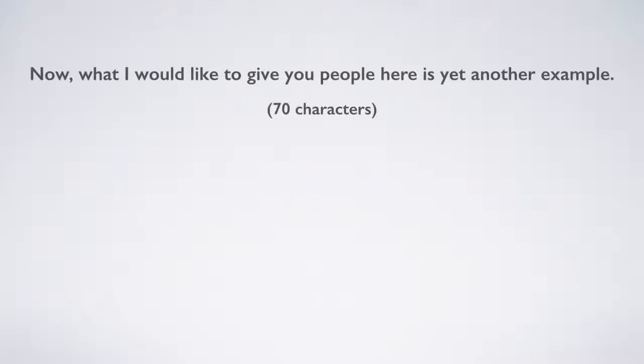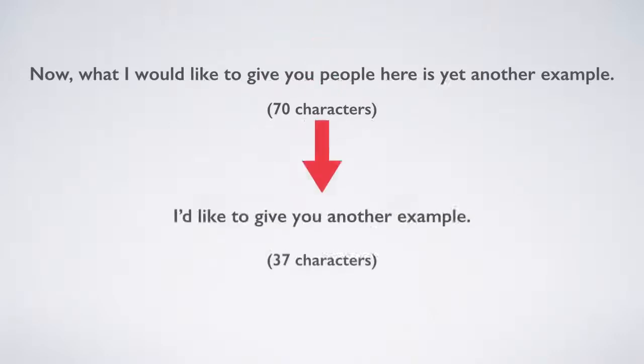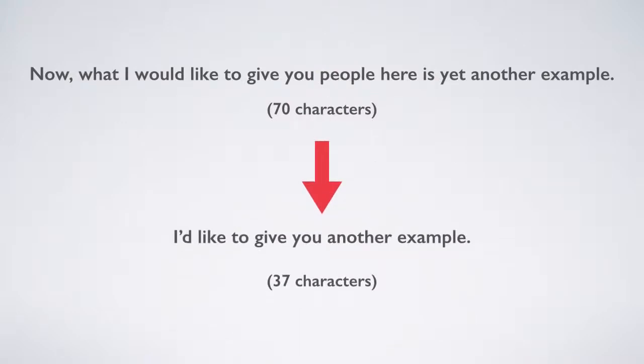For example, an almost literal translation like, "Now what I would like to give you people here is yet another example," with 70 characters, can be changed into, "I'd like to give you another example," which compresses it down to 37 characters, and which may mean this will allow the viewer to read it before it's gone off the screen.